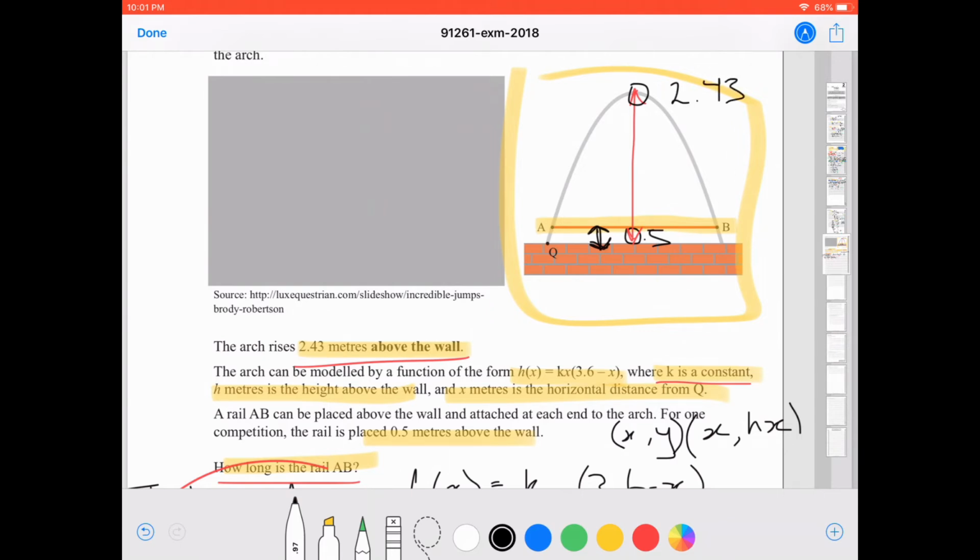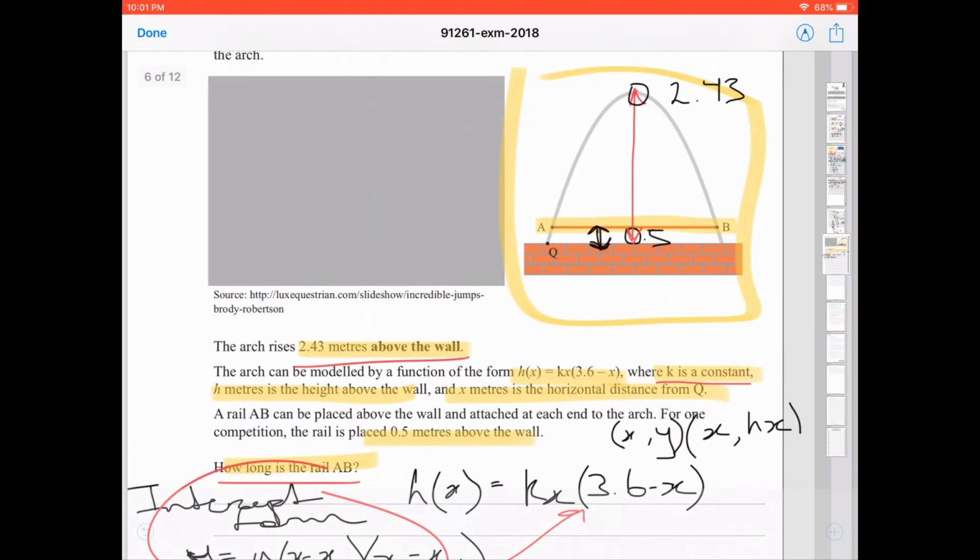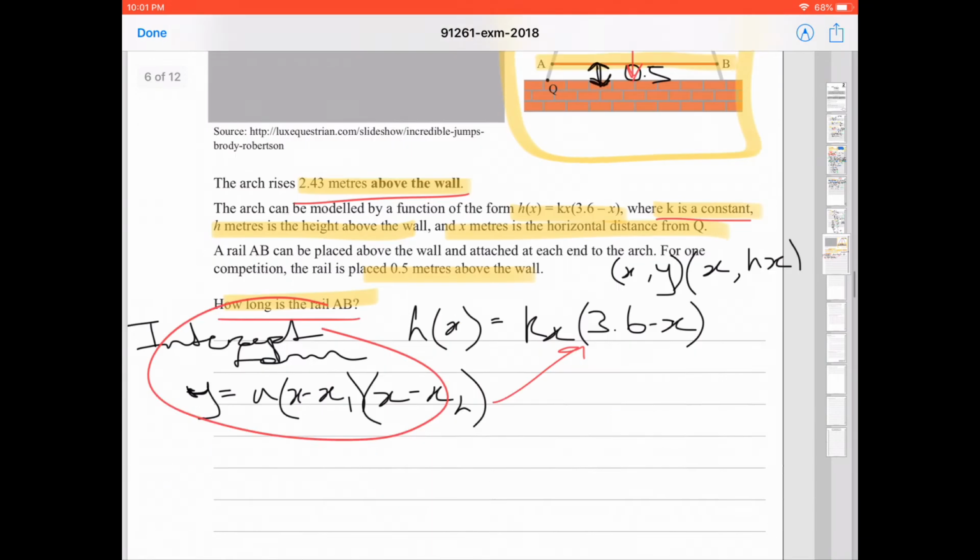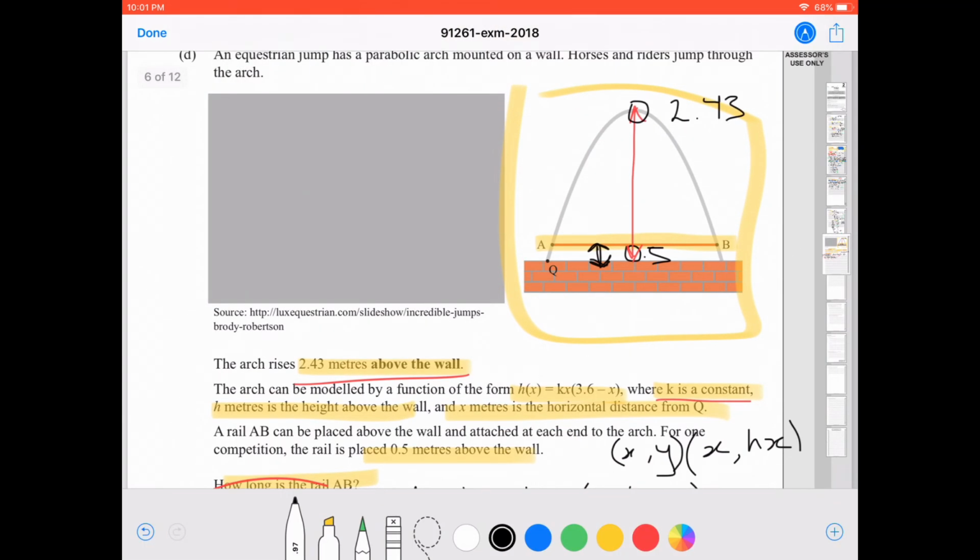And what is the x value of this point? Well, according to our equation, which is in intercept form, we have roots of 0 and 3.6.